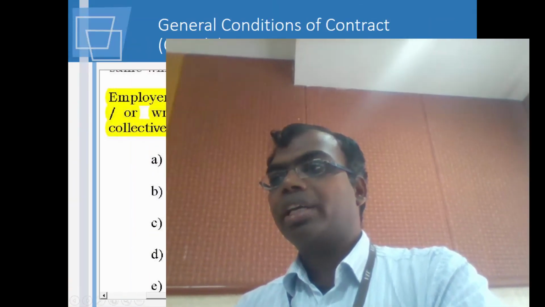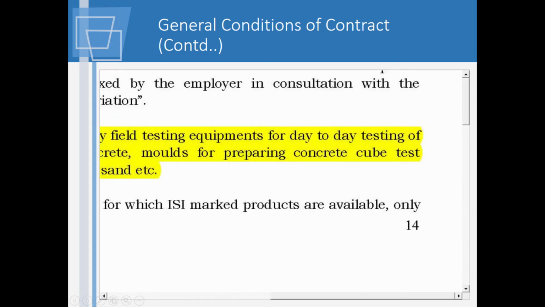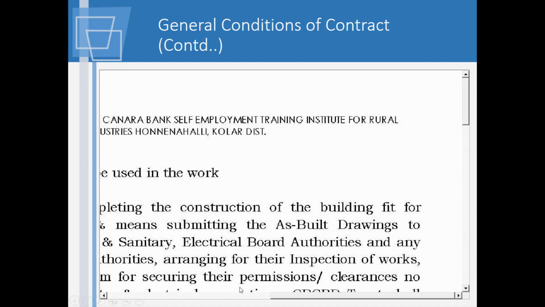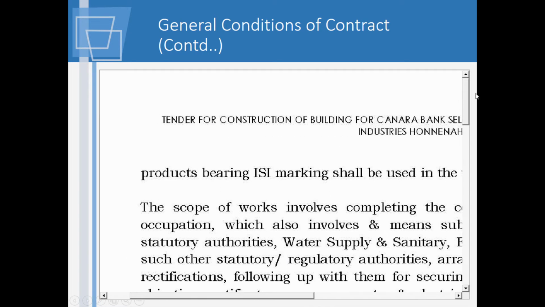This is one of the examples which I am giving. This is why a contractor has to be very smart when he reads the contract or tender document. Okay. Then of course the other things, if you just go through it, you should be able to make out. I'm now just going to look at some other things.